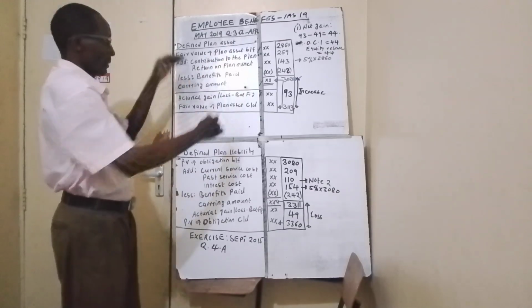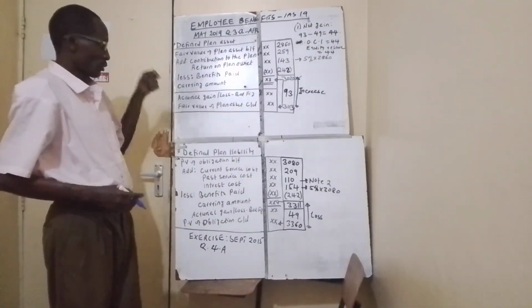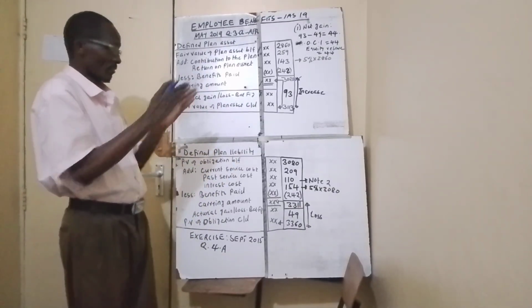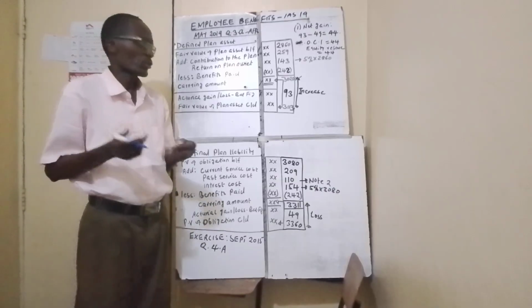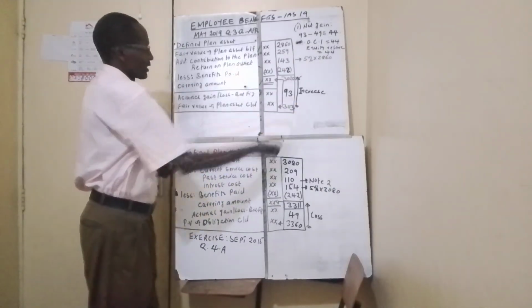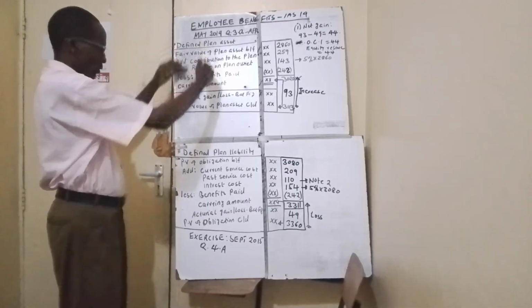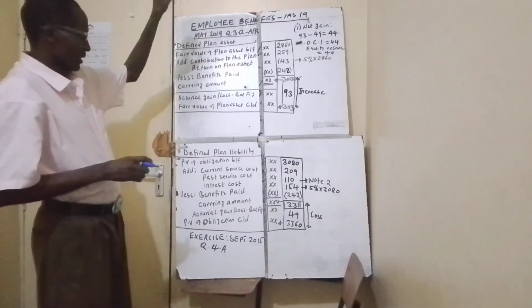You are dealing with the plan asset. If it is an increase, then that is an actuarial gain. If it is a minus, that is if assets are reduced, then that is actuarial loss. I'll come back to this example, but I just want to show you the items which will appear in the defined plan asset. That is it.